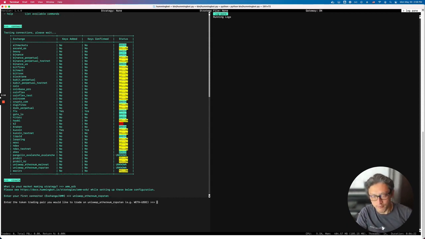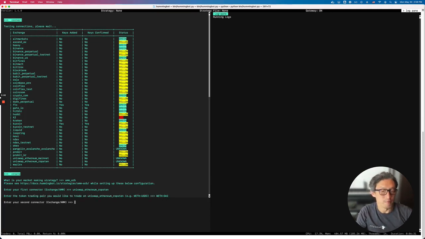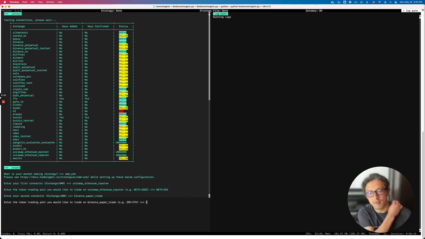And then for that trading pair, I'll pick WETH-DAI, because I know I have some WETH and some DAI in that wallet. And then for the second connector, I'll do Binance paper, and this allows us to trade on a paper trading based exchange like Binance paper without risking real money.